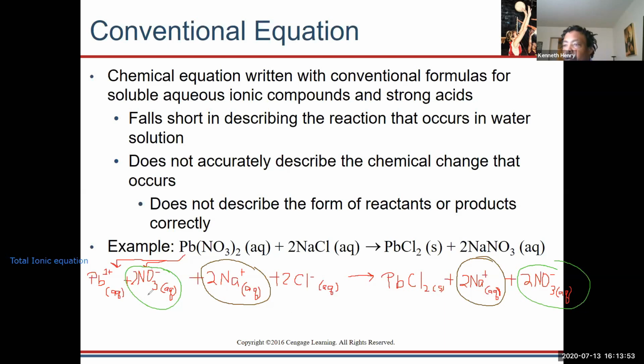Okay, so we can write what we call the net ionic equation. The net ionic equation would be Pb 2 plus, 2 Cl minus.